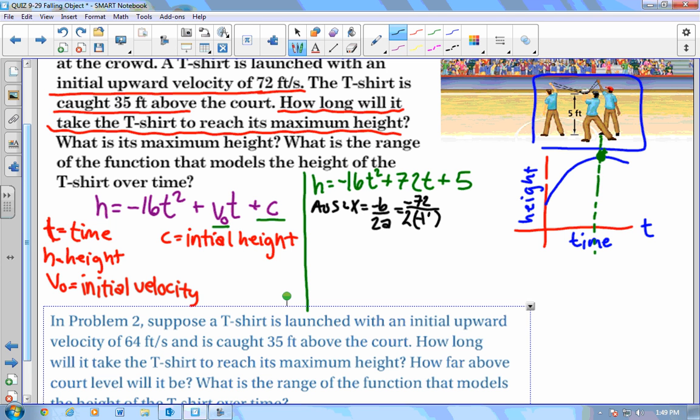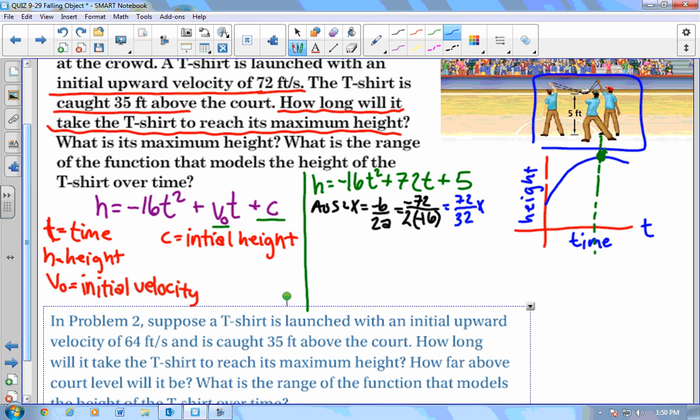Negative 16. So I get, let's see, negative divided by negative is a positive, correct? So I have 72 divided by 32. Can you divide that out for me? Real life isn't as pretty. Divide it out. 2.25.